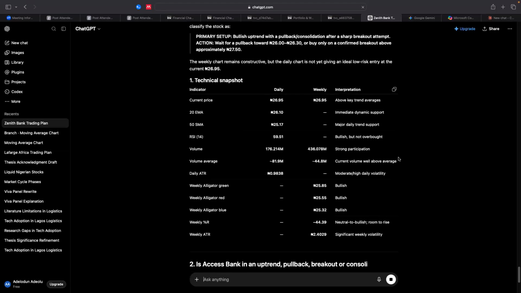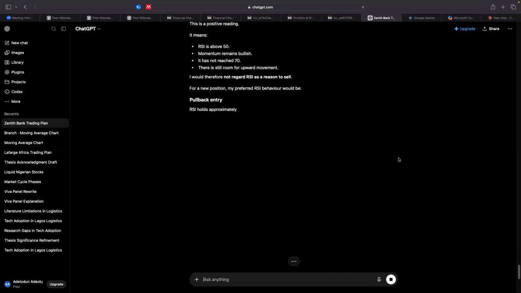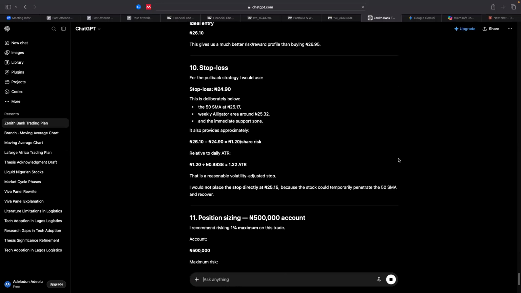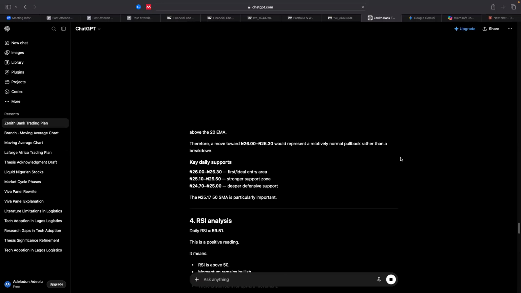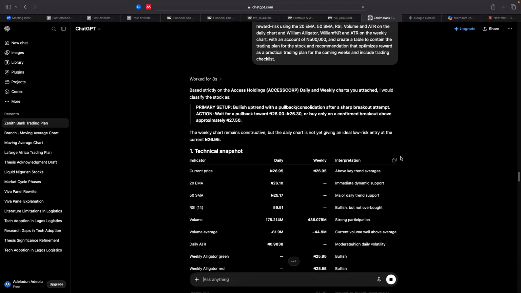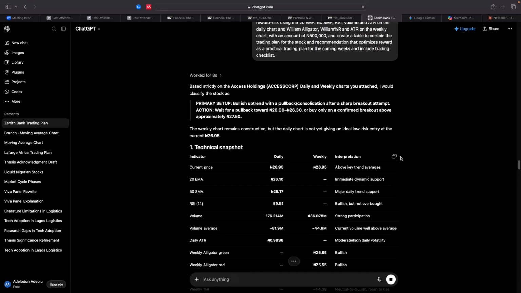So what's Gemini giving you? I'm using ChatGPT, so let's compare. It starts with technical analysis and market state identification.